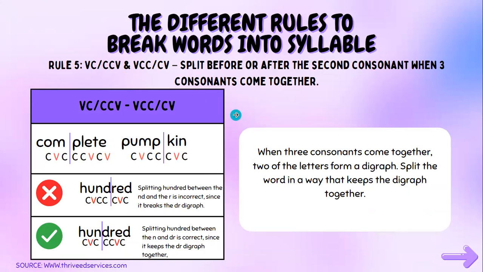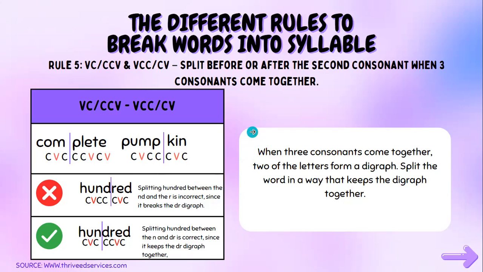Okay, rule number 5 is split before or after the second consonant when three consonants come together. This is a bit difficult to explain, but you may remember how we learned about how if we have two vowels on both sides of two consonants.